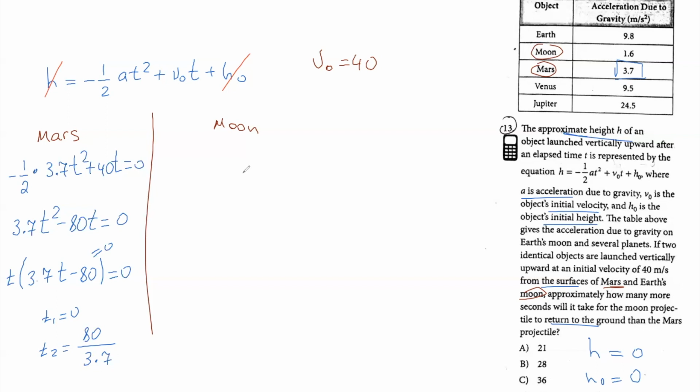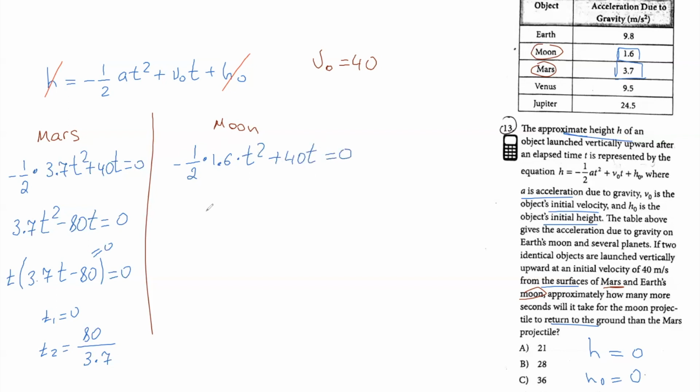Let's calculate it for the moon. It will be minus 1 over 2. For the moon, it is 1.6 acceleration. 1.6 multiplied by t squared plus, it's again 40t is equal to 0.